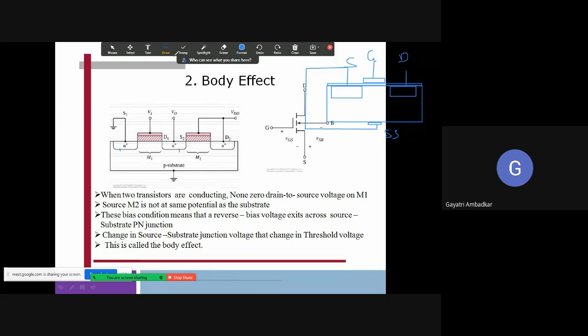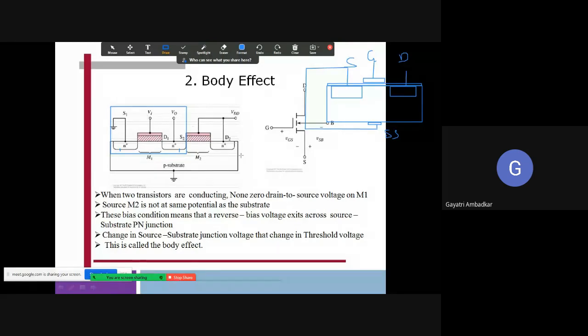So this is your first MOSFET built. You have a source, a drain, and a gate. Can you see properly? I have enclosed it in the blue color rectangle. This is MOSFET number one.